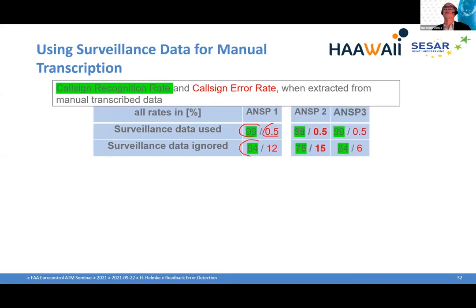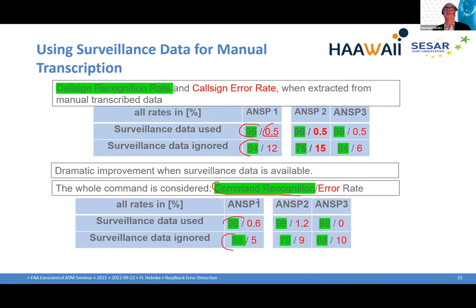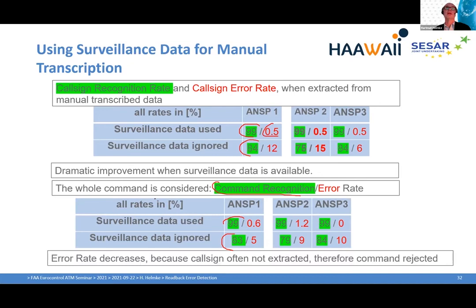We have the same data here for other ANSPs. If we look not only at the call sign recognition rate but at the recognition of the whole command, with the surveillance data we are nearly perfect. Without it, it drops again. You have the same results here for the other ANSPs.